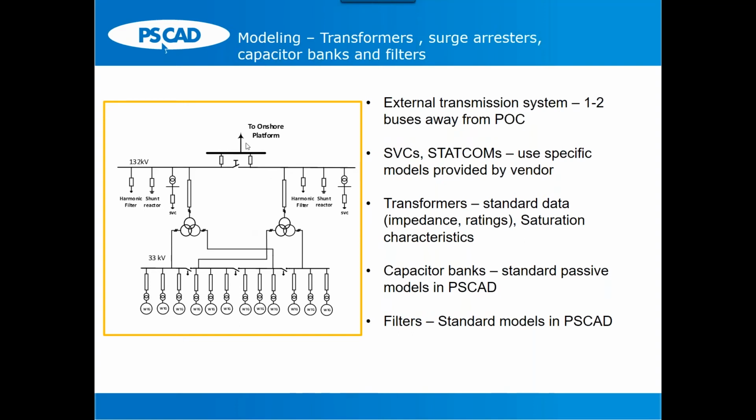So for that reason, we typically model 1 or 2 buses away from the substation into the transmission network, because sometimes you want to study tripping of a transmission line connected to the point of connection. So we don't have to model a large extent of the transmission system.